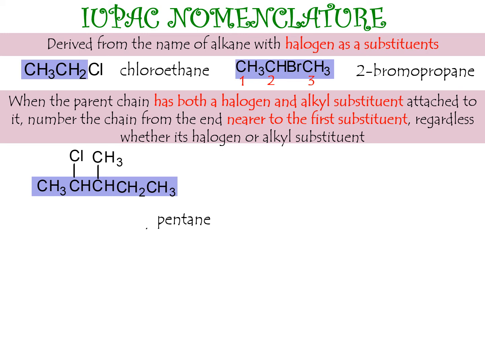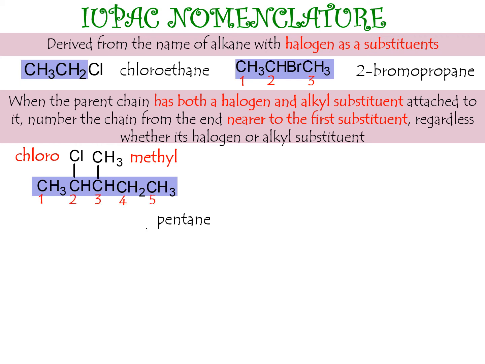Second step is to identify the substituent groups. There are 2 substituent groups. Cl is chloro and CH3 is methyl. Give numbers to the parent chain to locate the position of the substituent groups. Number the parent chain from the end nearer to the first substituent.